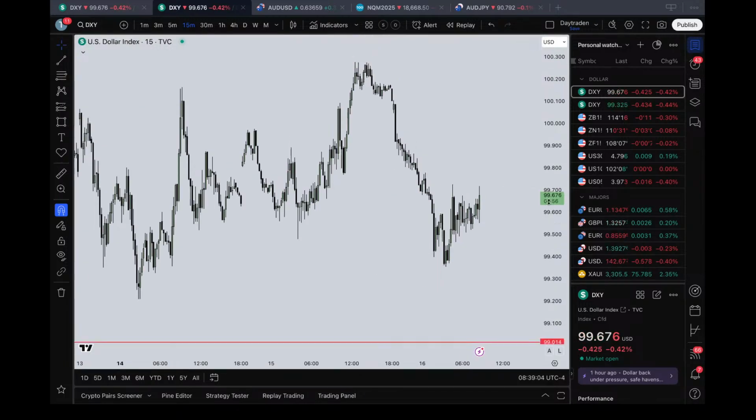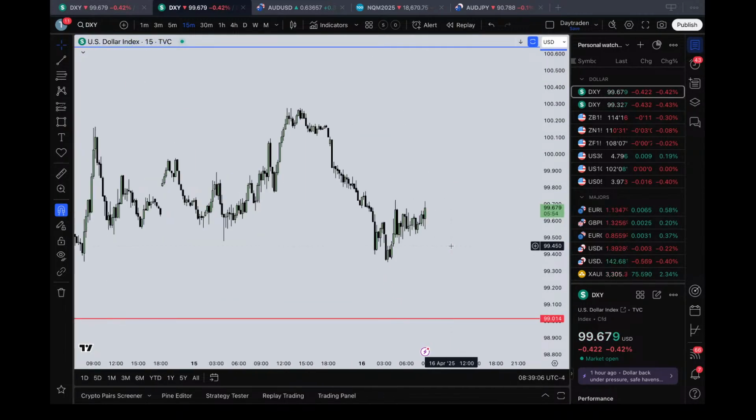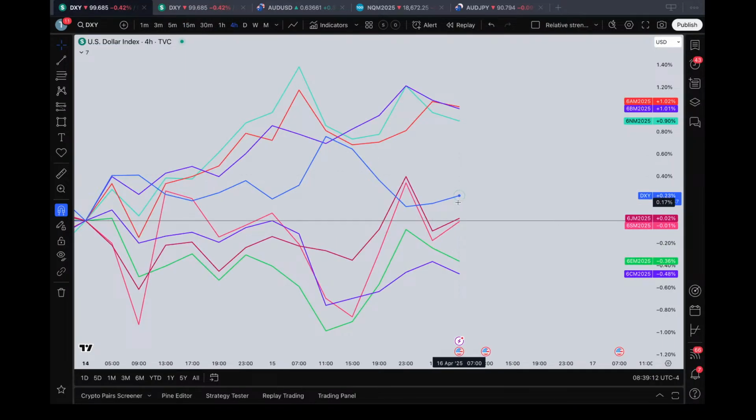Honestly, zero clarity is given. Zero. Dollar gaining a little bit of strength compared to the other assets.